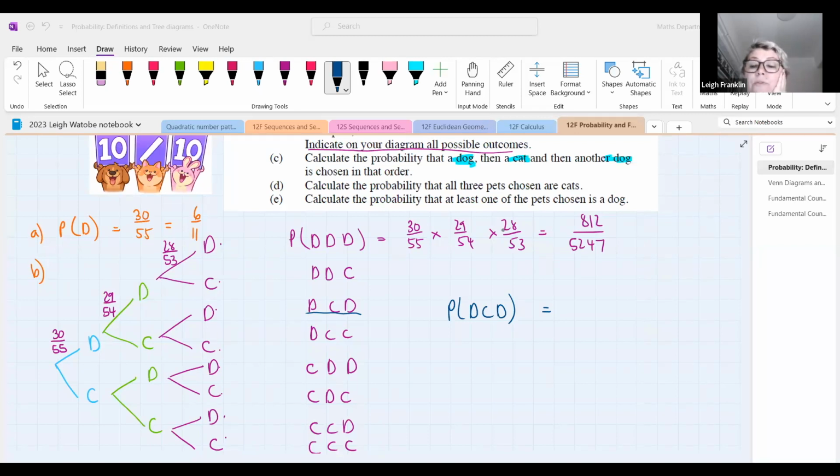So choosing the first dog, we know we've got a 30 in 55 chance. A cat hasn't been chosen yet. There are 25 cats. There's one less pet. Choosing another dog, there's 29 dogs left, and there are 53 pets. Okay, so we would do it like that.